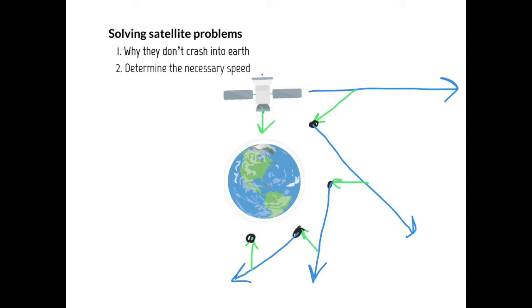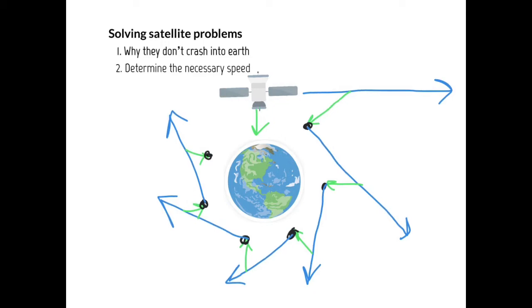So what keeps the satellite in motion is just the fact that it's already in motion, Newton's first law. What makes it go around in a circle is Newton's second law, force causes acceleration.